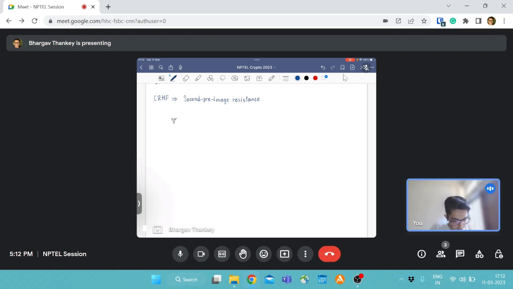So we have an adversary for H. This is an adversary for collision resistant hash function, and we have another adversary for second pre-image resistance.